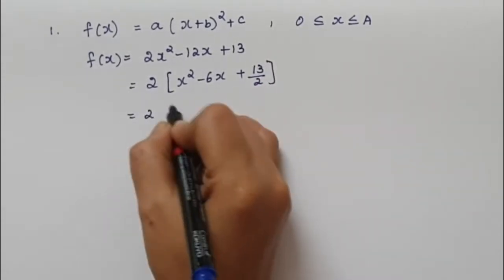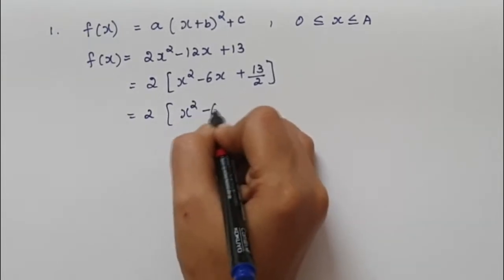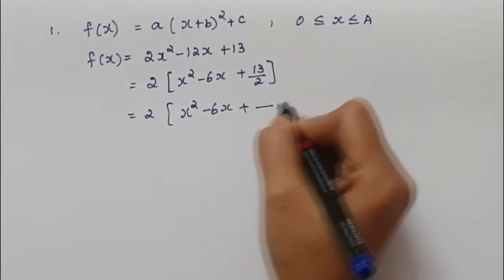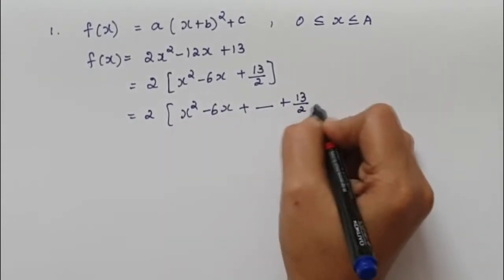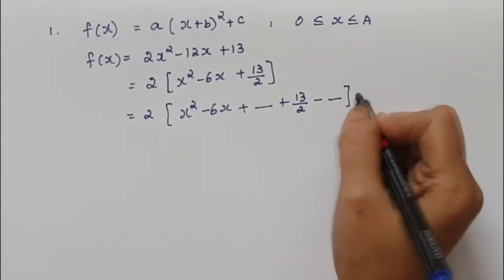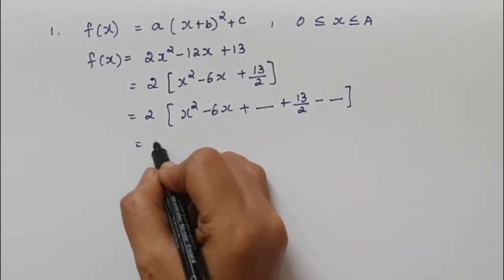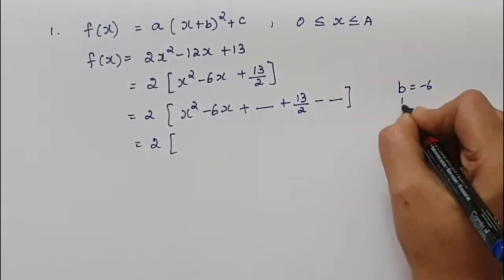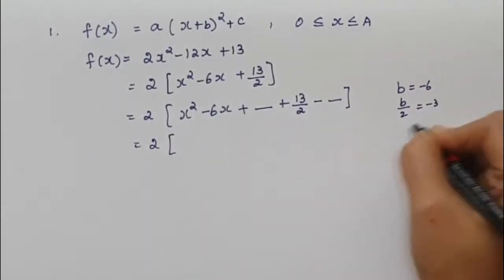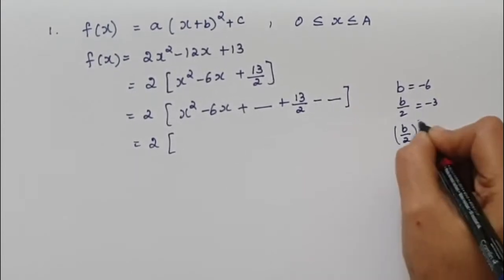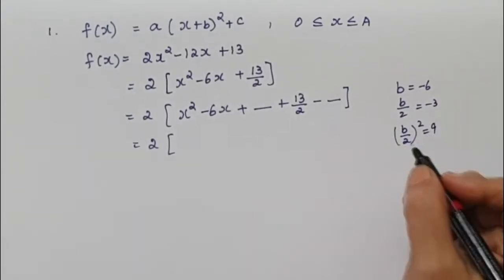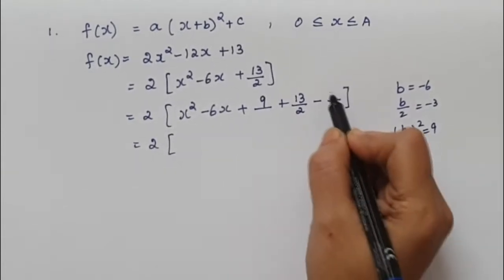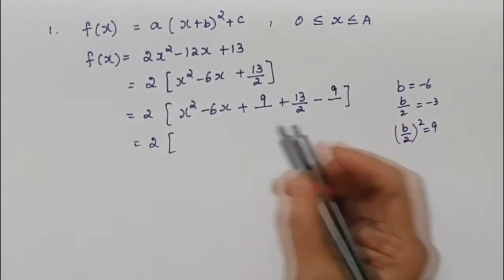So it will be 2 into x square minus 6x, then plus some number, plus 13 over 2 minus some number. Now our b is minus 6. b over 2 will be minus 3. b over 2 the whole square will be equal to 9. So we add and subtract a 9.